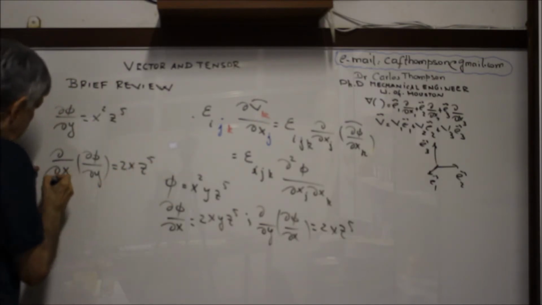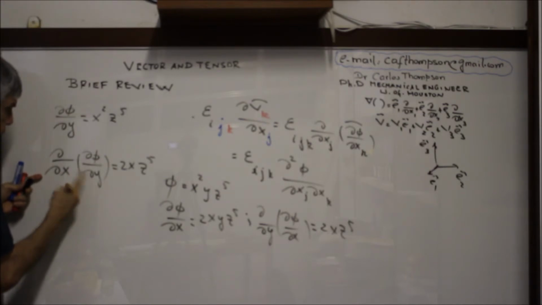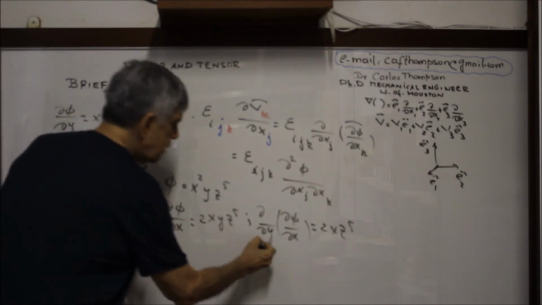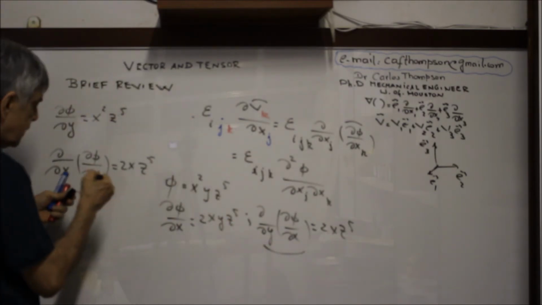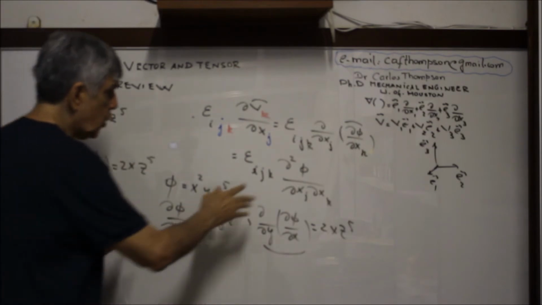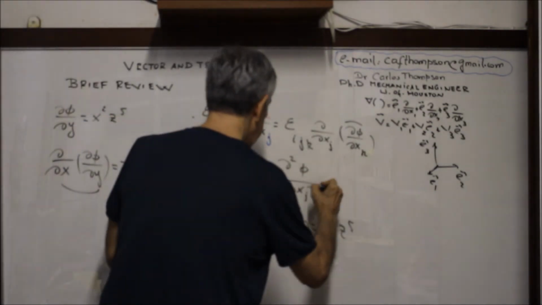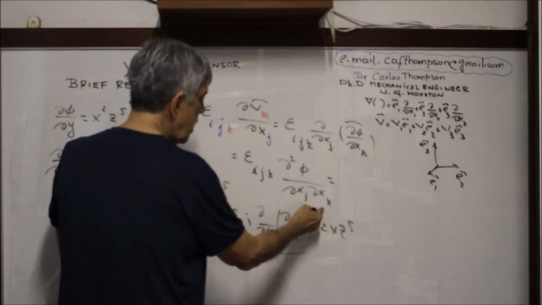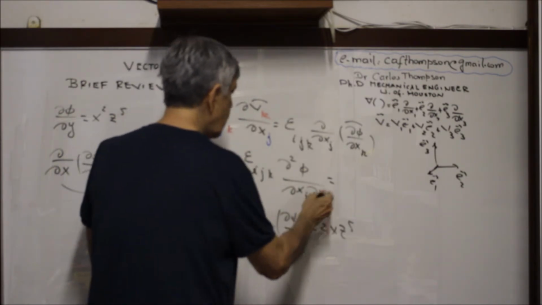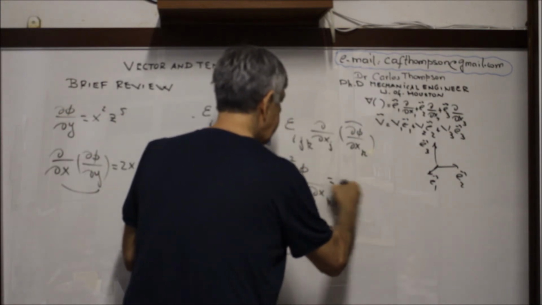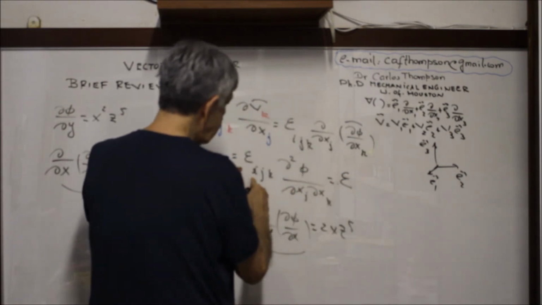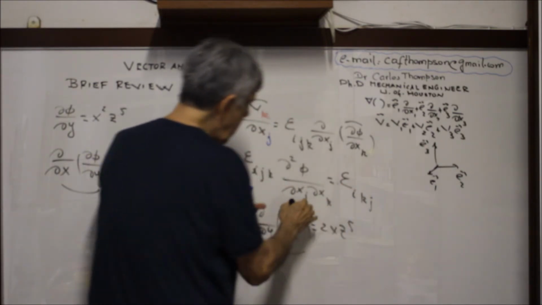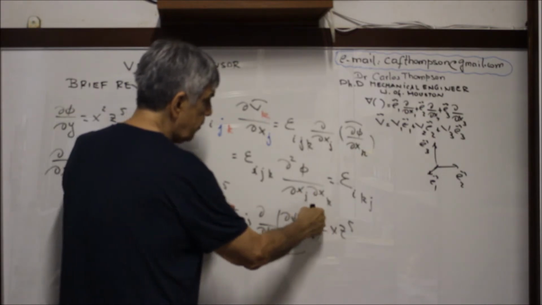Look here. If I exchange the order of the derivative, the function is the same. It's the same. I will exchange the order of the derivative here. I will exchange j and k here. So this will be epsilon, now it's not ijk, now ikj, because I will exchange j to k.